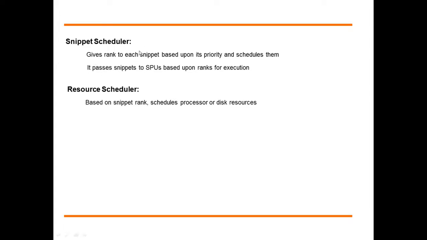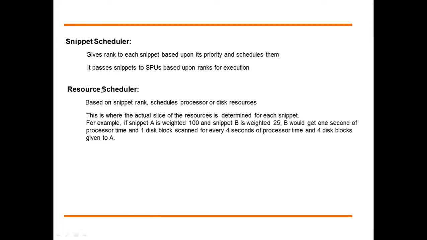Now the same information, depending upon the ranks, is pushed to the resource scheduler, and this is where your actual allocation happens. Based on snippet rank, it schedules processor or disk resources. This is where the actual slice of resources is determined for each snippet.